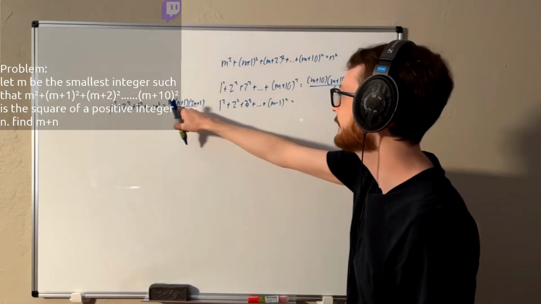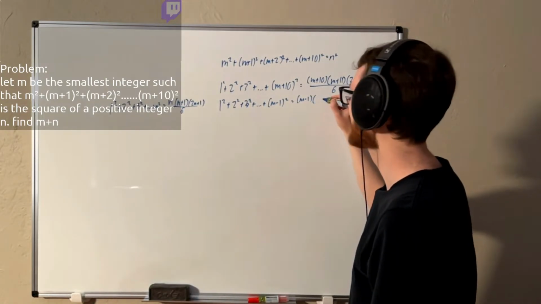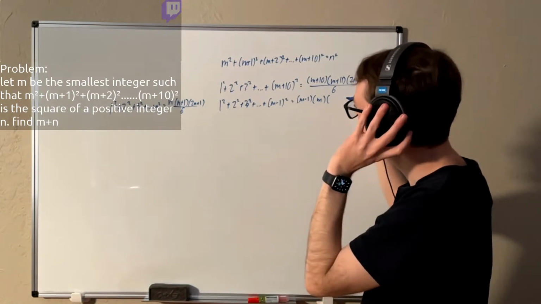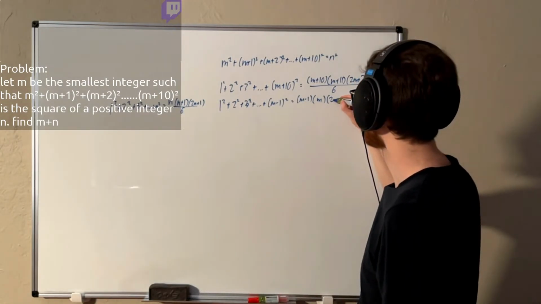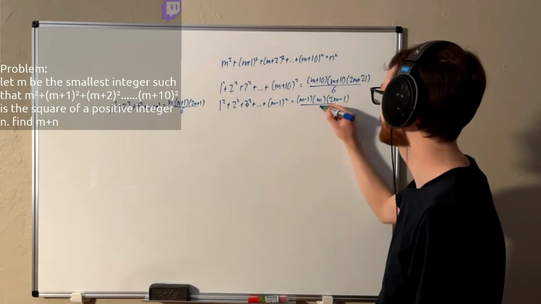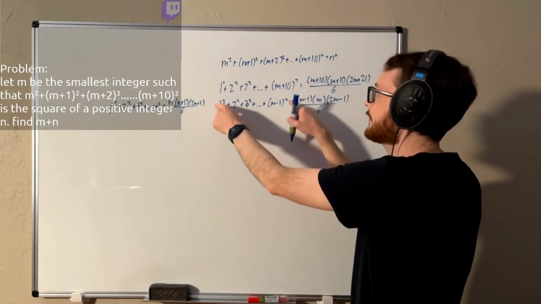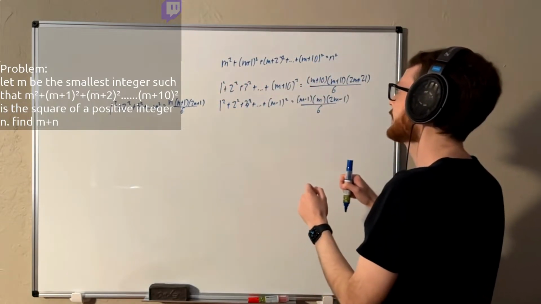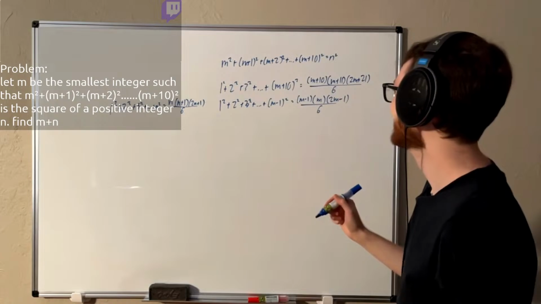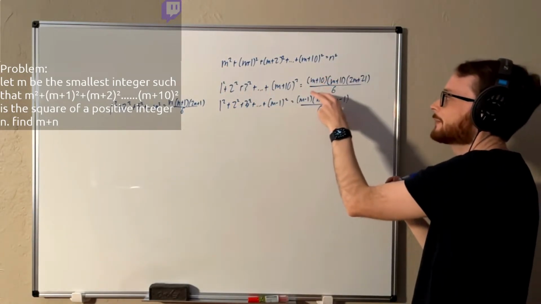So I'm going to use the same formula with m minus 1 times m times 2m minus 1 over 6. So now this minus this is this. So that also means this minus this is this. So I'm going to take the left-hand side of the equation and make it this thing minus this thing.